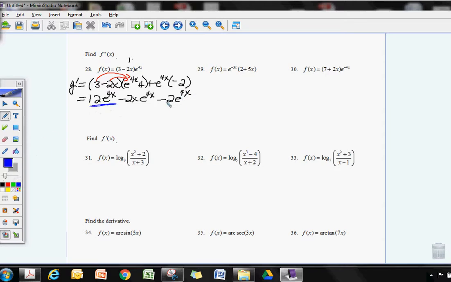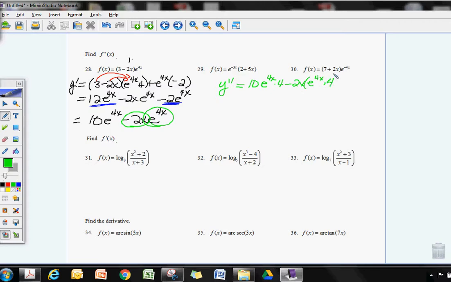And why did I do that? Because look, I got like terms, so I don't have so many terms for the second derivative. My first derivative is 10e to the 4x minus 2x e to the 4x. So now when I come to my second derivative, first term, the 10 comes down, e to the 4x times 4. Now, for the second term, it has an x and an e to the x, so I'm doing a product rule. So my first term is negative 2x, and then its derivative of the second is e to the 4x times 4.